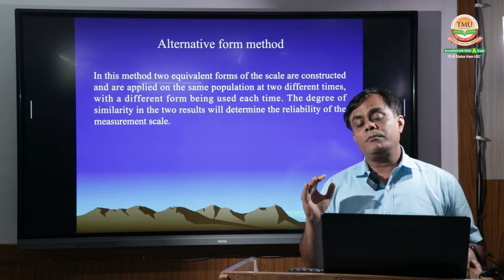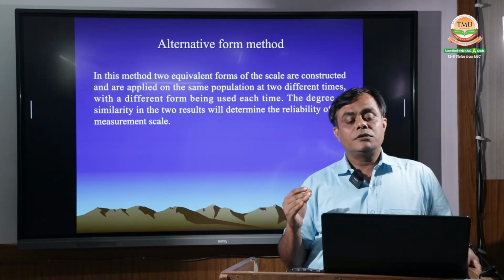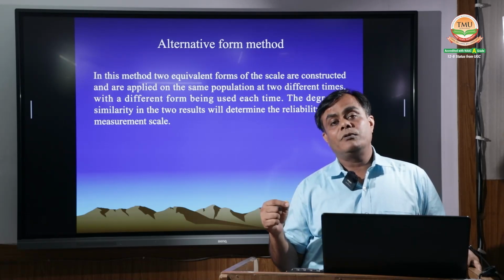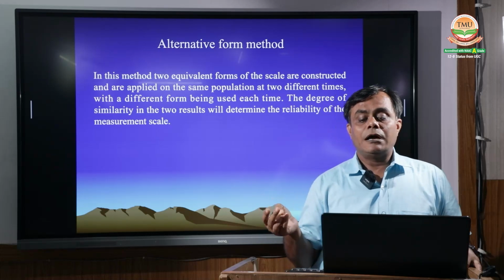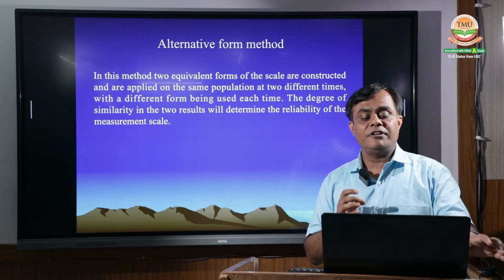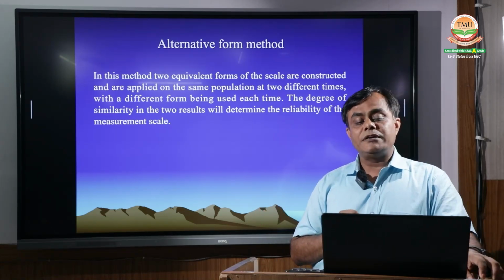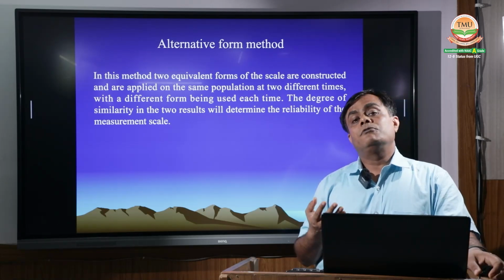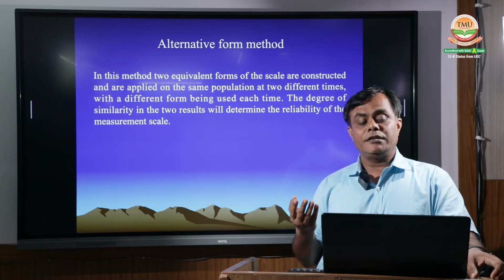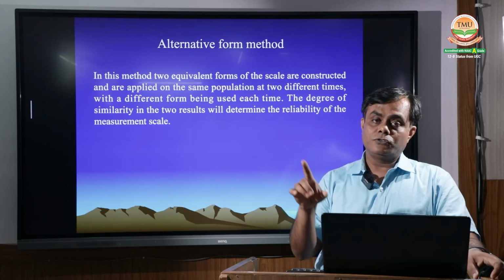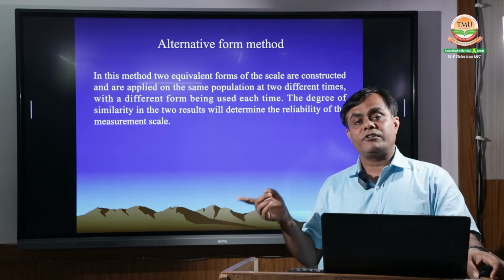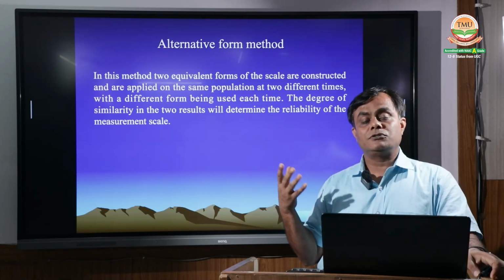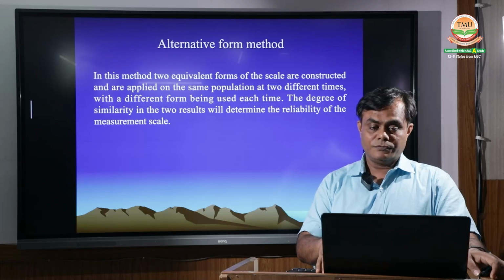The form differs but the population is the same, and whatever degree of similarity we find is the reliability measurement of the scale. If the degree of similarity is 90%, the degree of reliability is 90%.